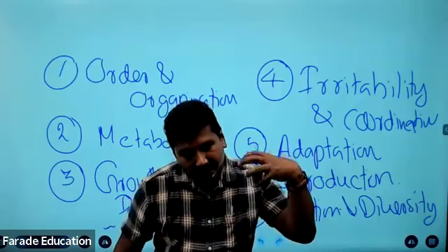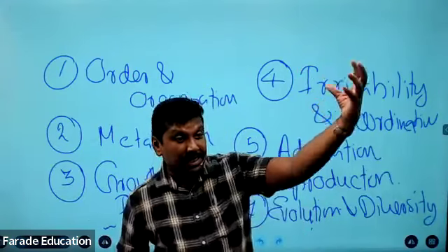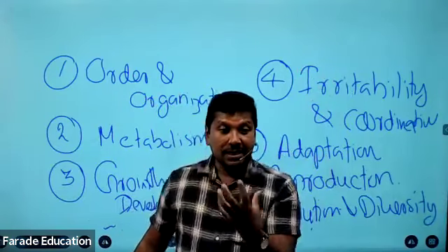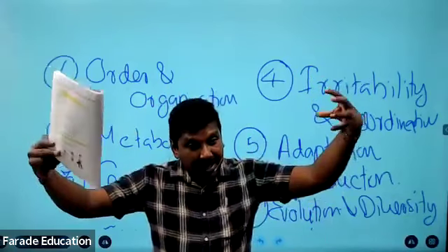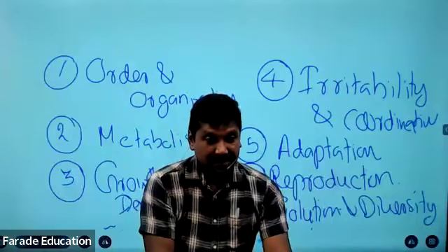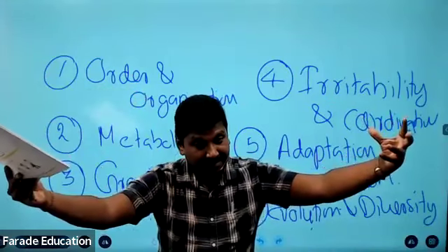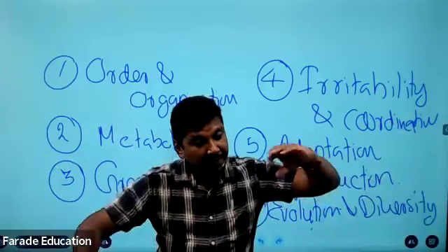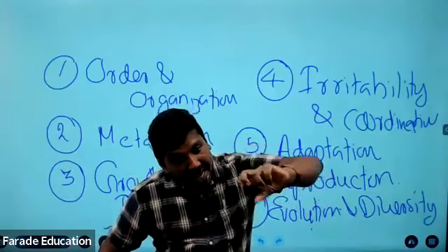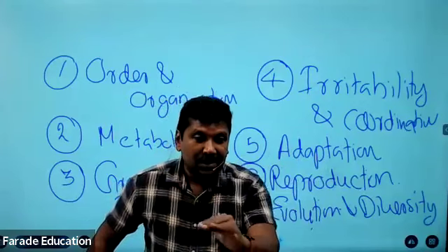Now, what do you mean by this in reproduction? What happens? The mother's genes and the father's genes are transferred to the next organism through the egg and the sperm, right? If some feature is not there in the genes, that is not transferred from the parents to the next generation.